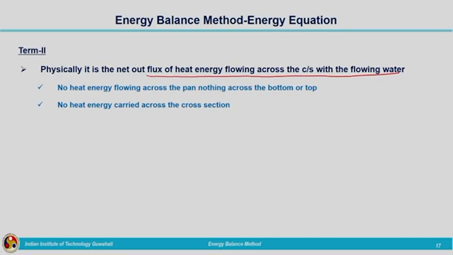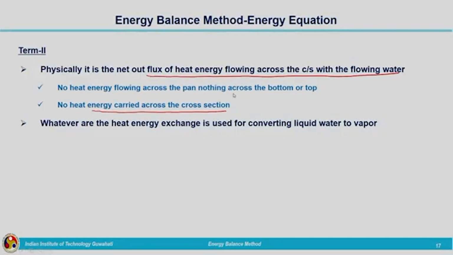Other than that, there is no heat energy carried across the cross section. When you talk about the cross section, there is no heat exchange taking place other than the mass balance of the energy.